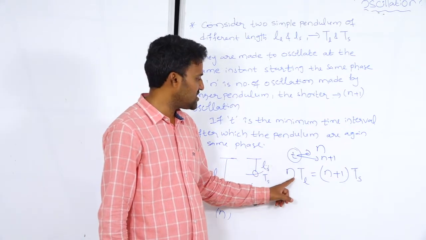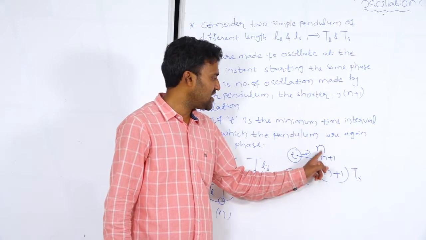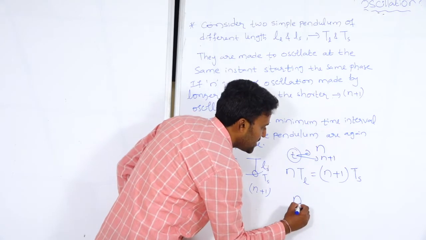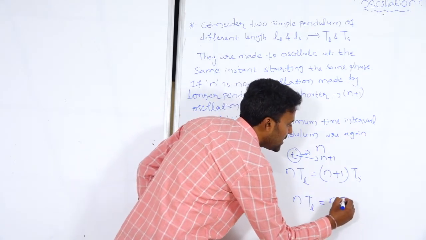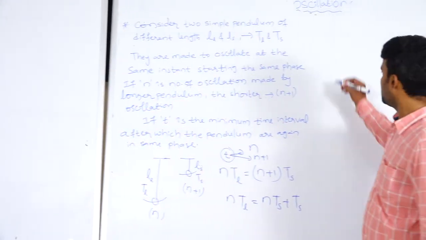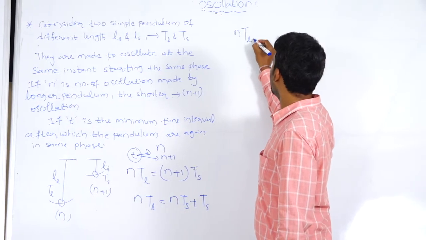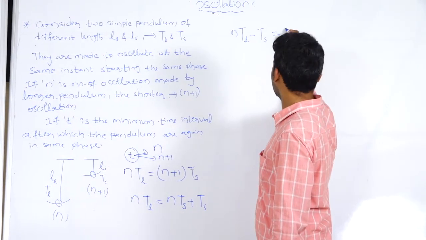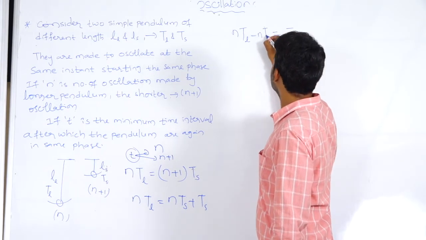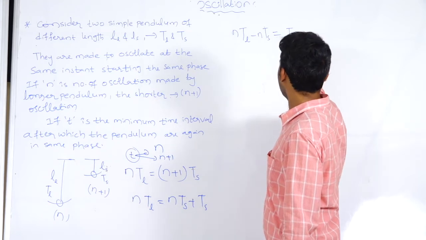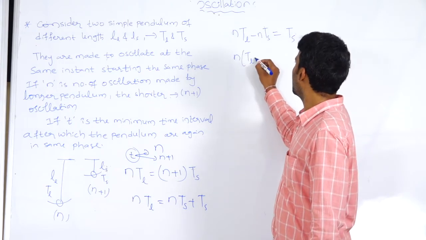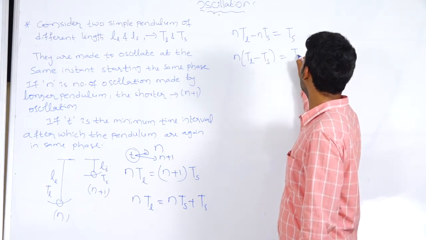So that's why t is equal to n into TL, and t is equal to (n plus 1) into TS. Then multiplying inside, n into TL is equal to n into TS plus TS. Then taking n TS to the left-hand side, n into (TL minus TS) is equal to TS.